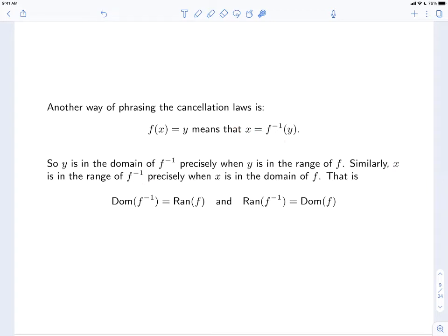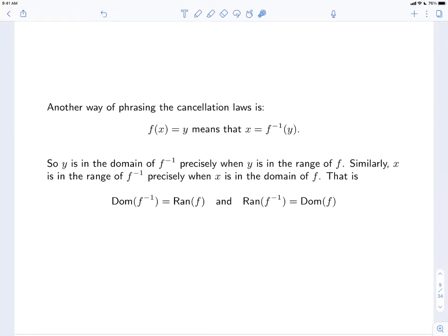precisely when x was in the domain of f. So another way of writing that is that the domain of f inverse is the same as the range of f, and the range of f inverse is the same as the domain of f. That is to say that the domain and range of f and f inverse switch.